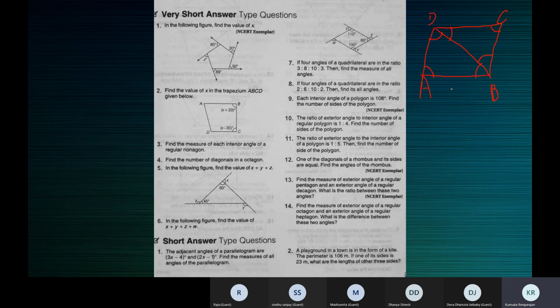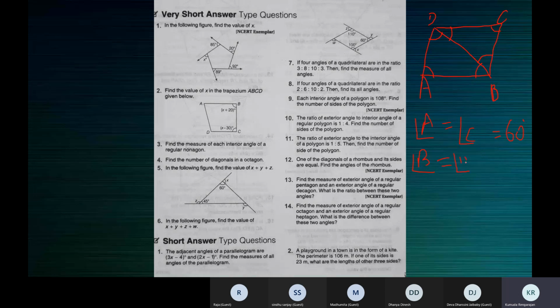After that, now in rhombus ABCD, angle A is equal to angle C is equal to 60 degrees. Angle B is equal to angle D. Both are equal.